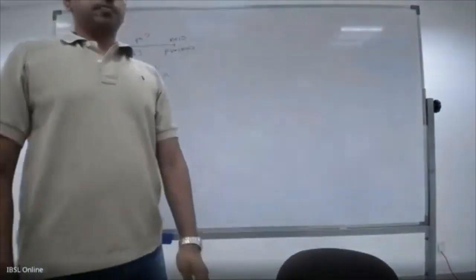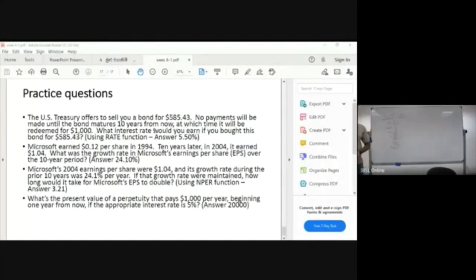Question number 2. Microsoft earned $0.12 per share in 1994. 10 years later, in 2004, it earned $1.04. What was the growth rate in Microsoft's earnings per share over the 10-year period?